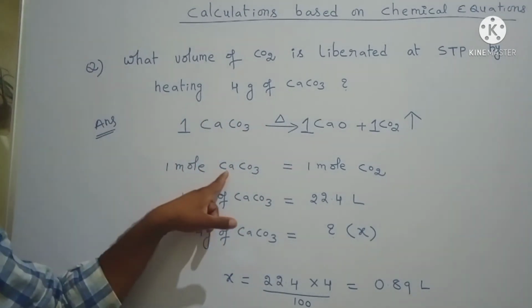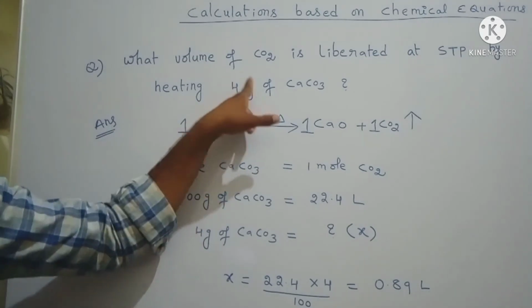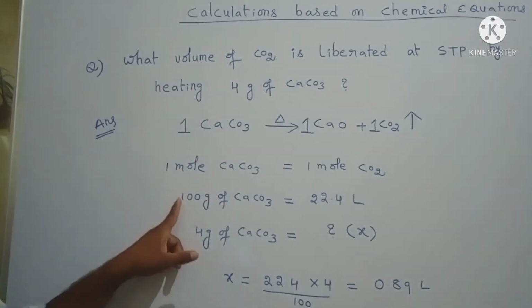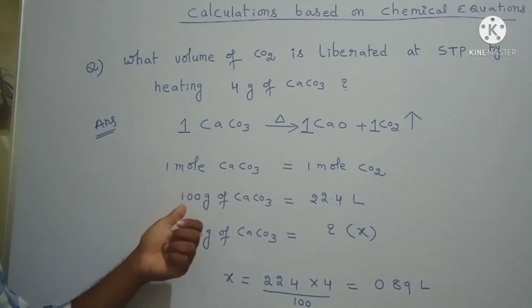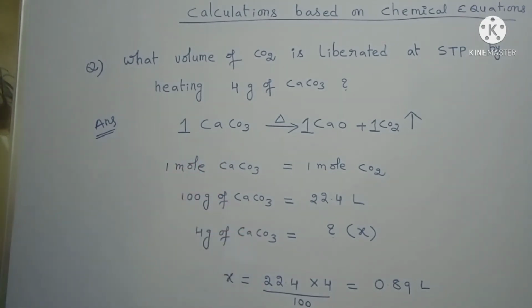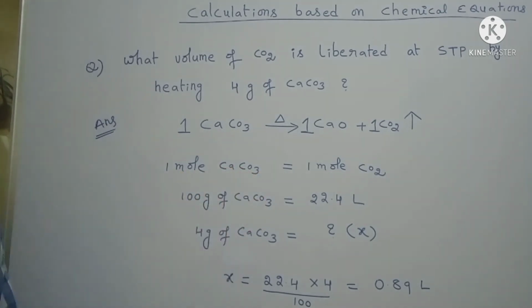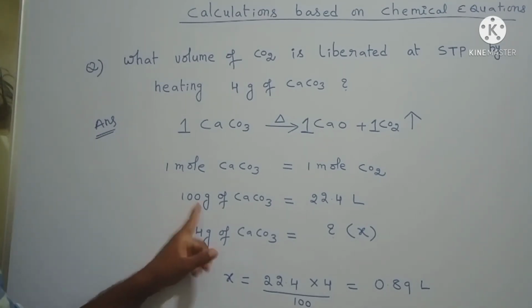See here, calcium carbonate is given in weight, right? So 1 mole calcium carbonate weight is equal to its molecular weight. What is the molecular weight of calcium carbonate? 100. So 1 mole calcium carbonate will be equal to 100 grams.